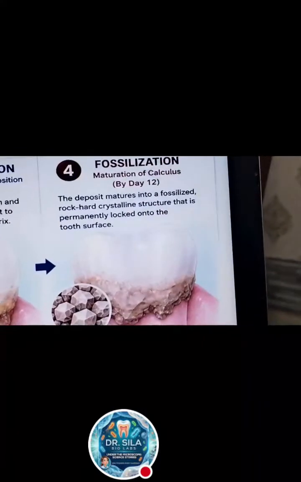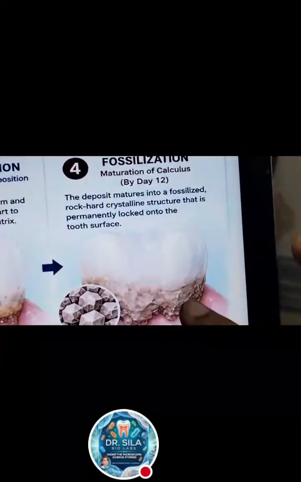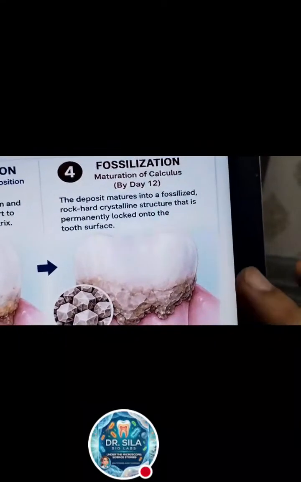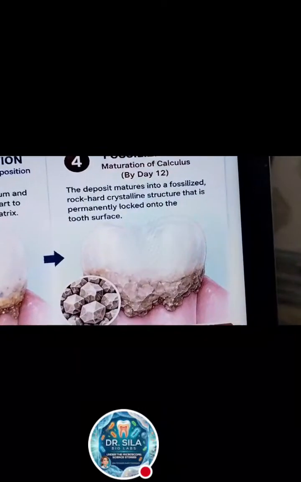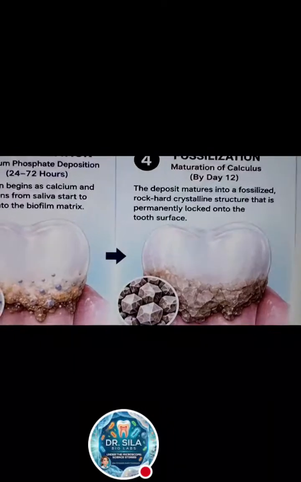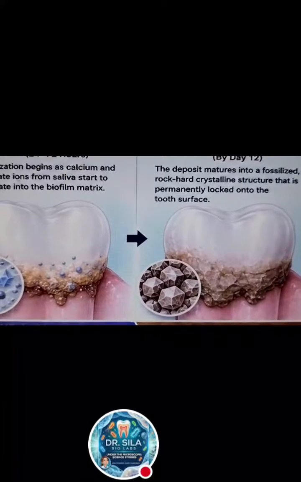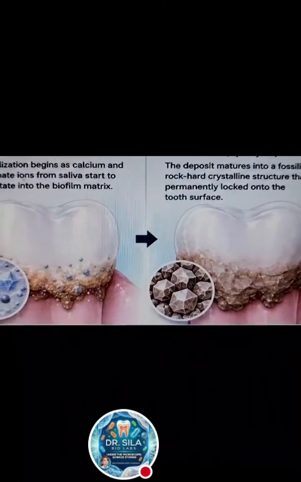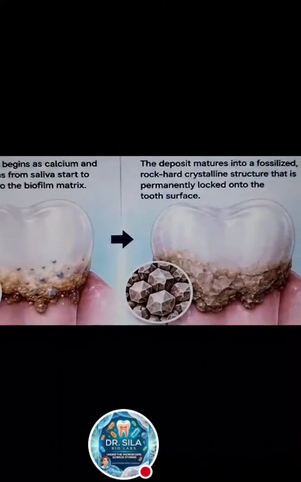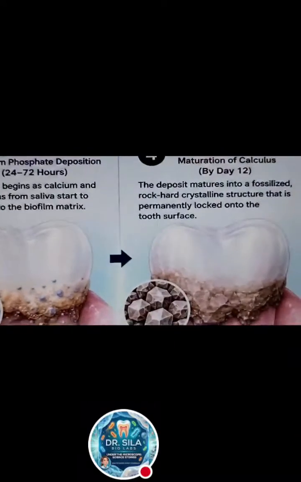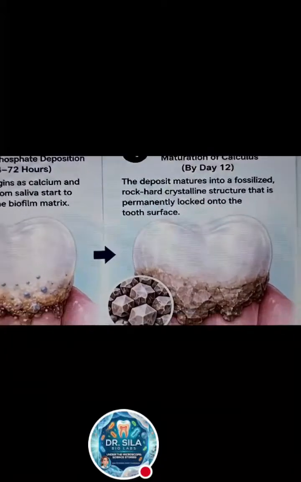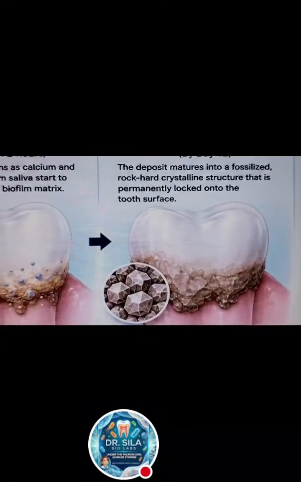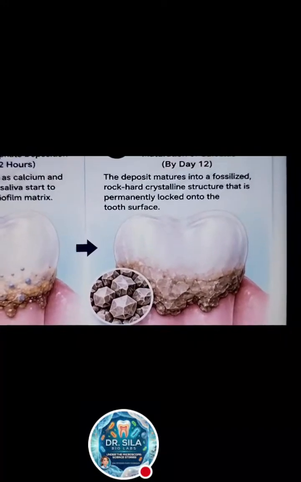The deposit matures into a fossilized, rock-hard crystalline structure that is permanently locked onto the tooth surface. Calculus provides a retentive surface for more plaque formation. It protects bacteria from host defenses and contributes to gingival inflammation and periodontal disease. So remove early, prevent damage, and preserve your health.